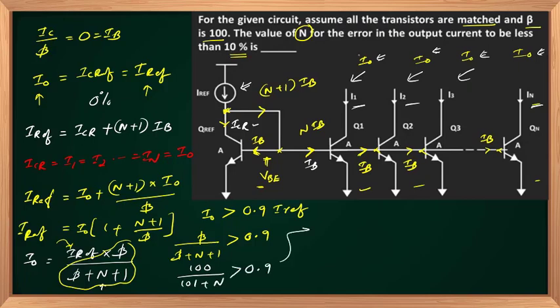That implies 100 upon 101 plus n should be greater than 9 upon 10.